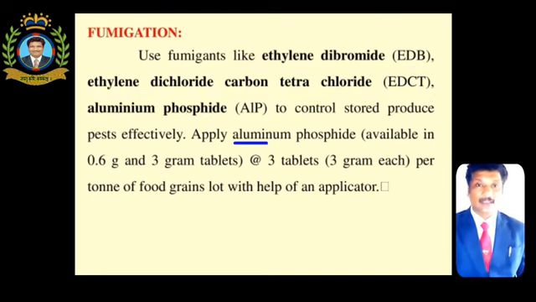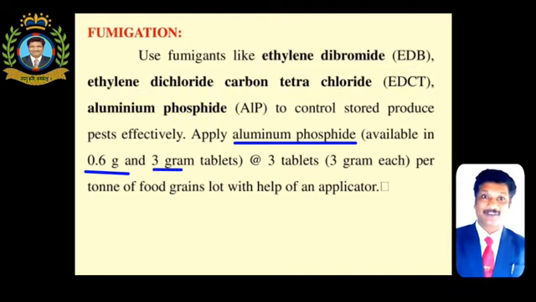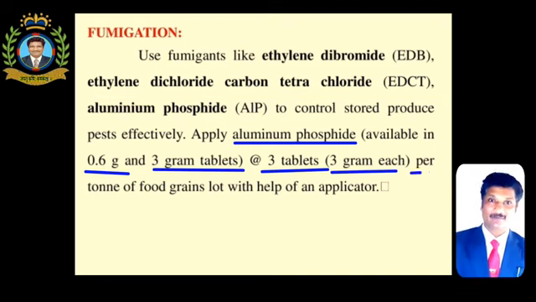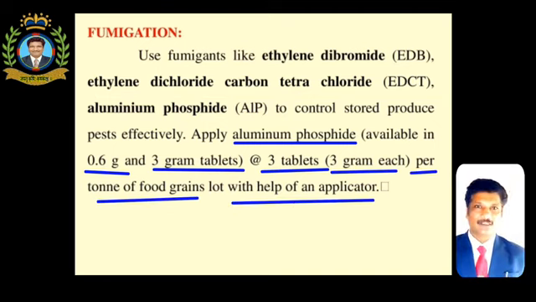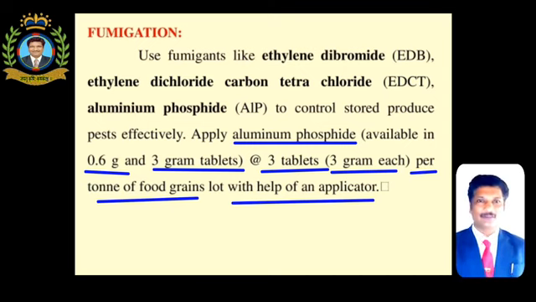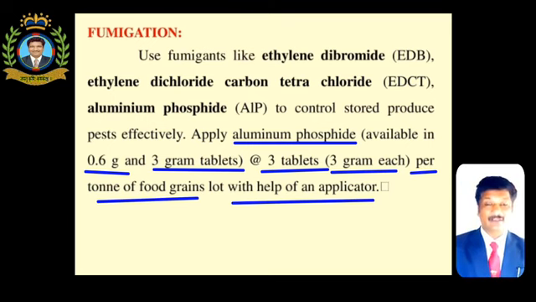Aluminum phosphide, available as 0.6 gram and 3 gram tablets, can be used at a rate of 3 tablets, that is 3 grams each, per ton of food grains with the help of applicators.